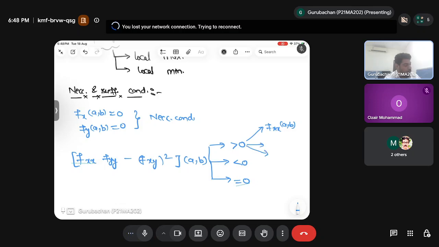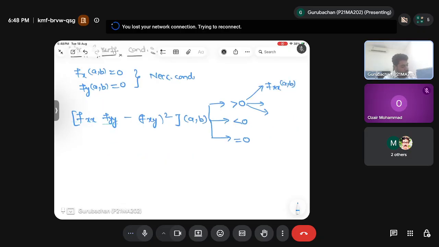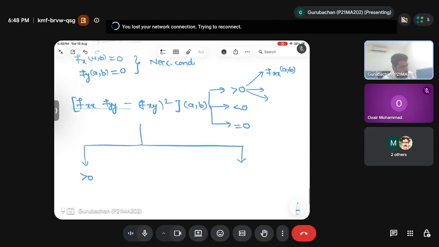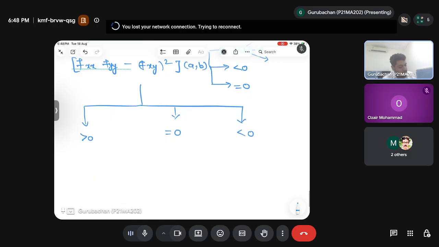So what can be the sign of fxx at (a, b)? Let me write it from here. This can be greater than 0, equal to 0, or less than 0. We are interested in the case of this greater than 0.